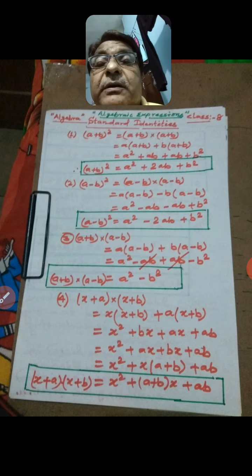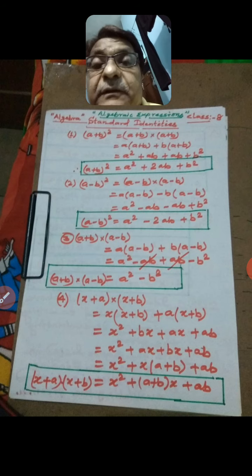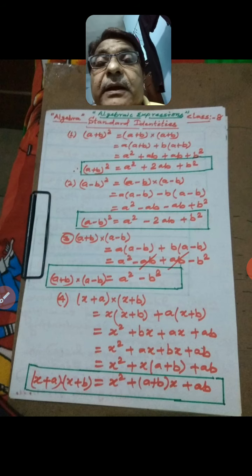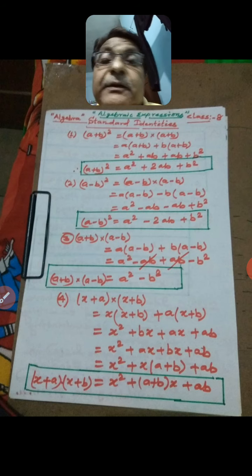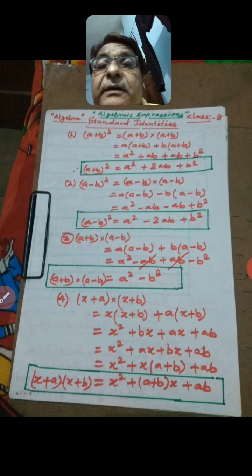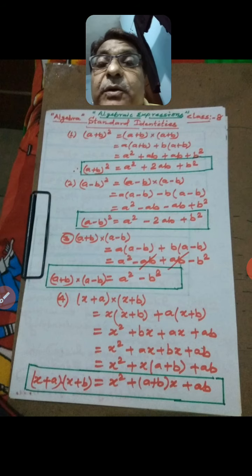So now, student, recall it: x plus a when multiplied by x plus b, the result we get is x square plus a plus b into x. While we say a plus b into x, you should get it that a plus b both are multiplying with x, so both should be inside the bracket.